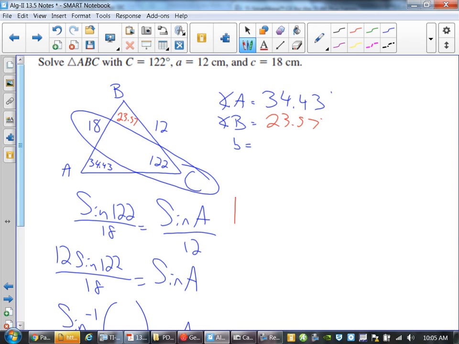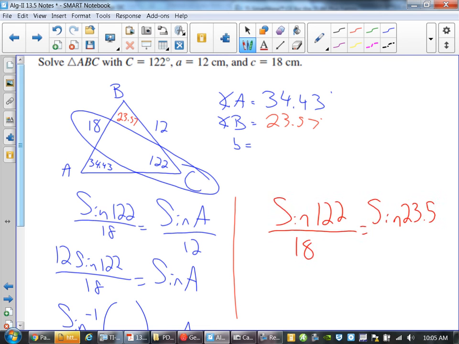And now, we use that C again. Not C, I'm sorry, I think I found B. Okay.